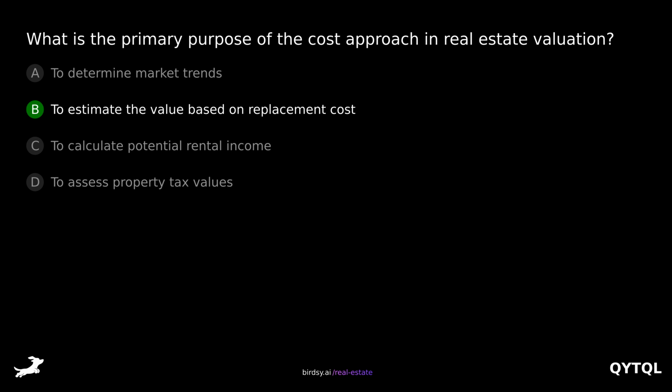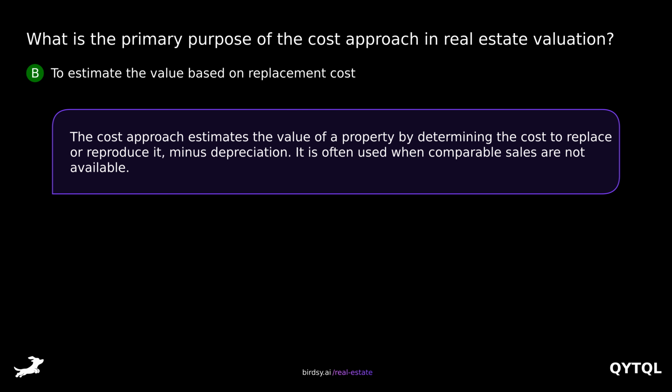The correct answer is B, to estimate the value based on replacement cost. The cost approach estimates the value of a property by determining the cost to replace or reproduce it, minus depreciation. It is often used when comparable sales are not available.